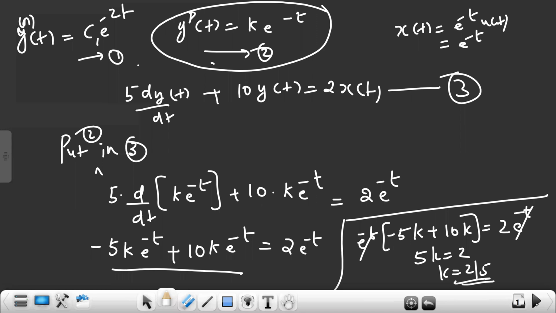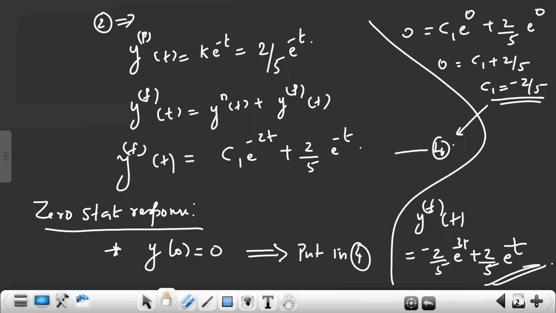Then you know that the forced response is equal to natural response plus particular solution. That is why your natural response is C1 e to the power minus 2t plus the particular solution 2 by 5 e to the power minus t, which is given as equation number 4.